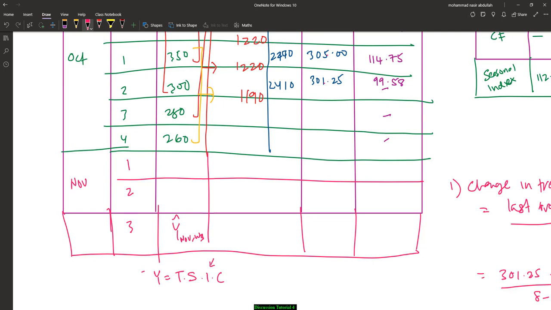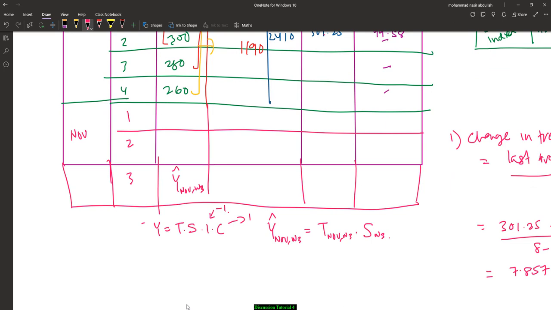There is no irregular component, so by default we will set it as 1. Cyclical component also no, because we are doing seasonal variation, seasonal index. So what we have here is Y hat November week 3 equal to trend November week 3 multiply with seasonal index week 3.